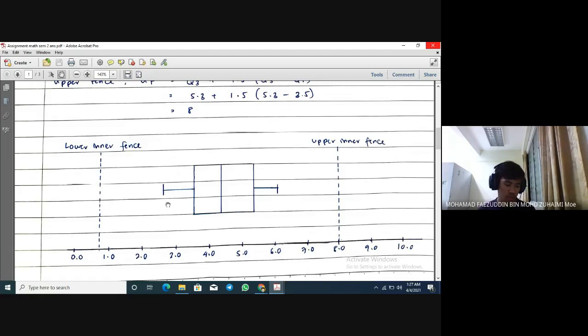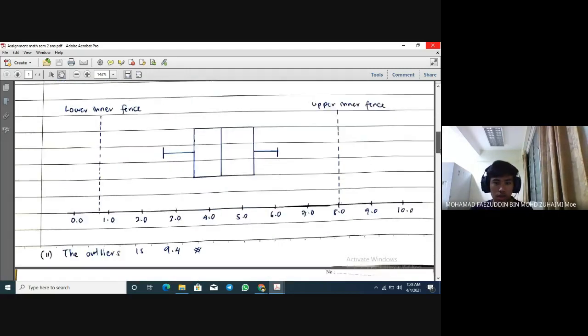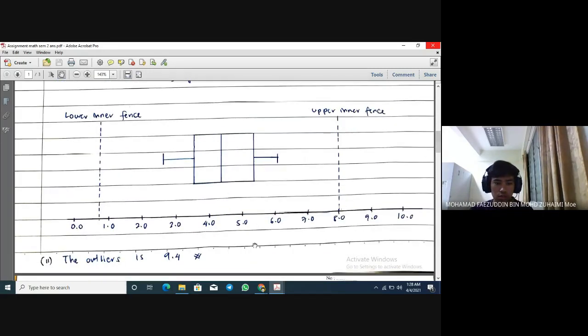The maximum value is 9.4, which is greater than the upper inner fence, so we can consider 6 as the upper inner fence since it is the lower value after 9.4. And then we just done our box and whisker diagram. And then we can determine the outlier for the data, which is 9.4.